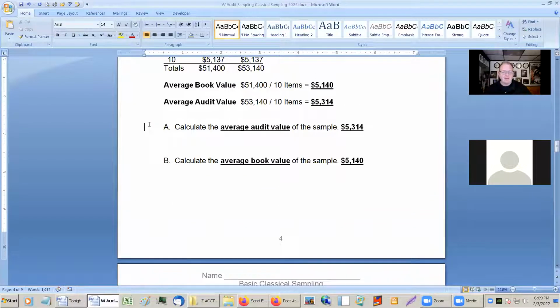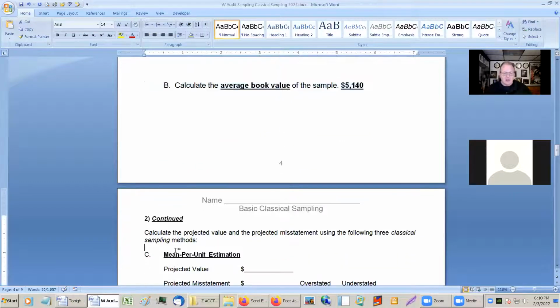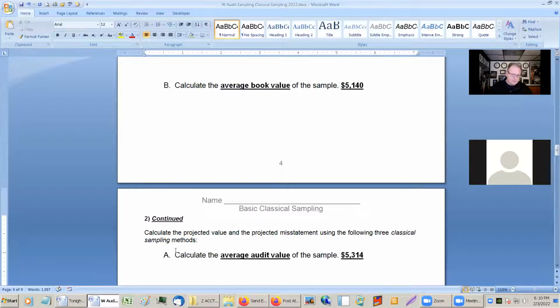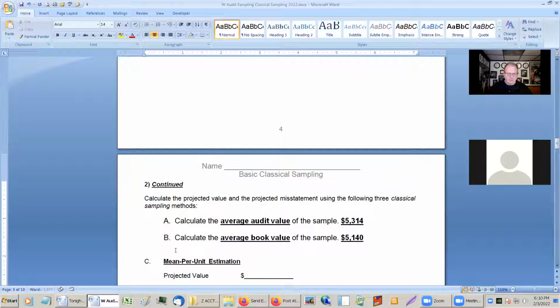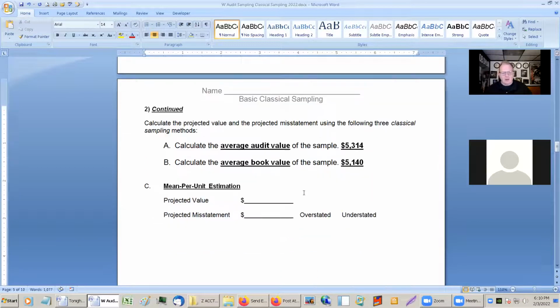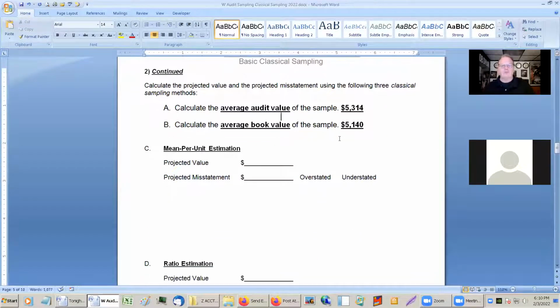And I'm going to copy these down to the next page because we're going to need them. Okay. So we have the audit average and the book average, and we're going to use these to project over the entire population.